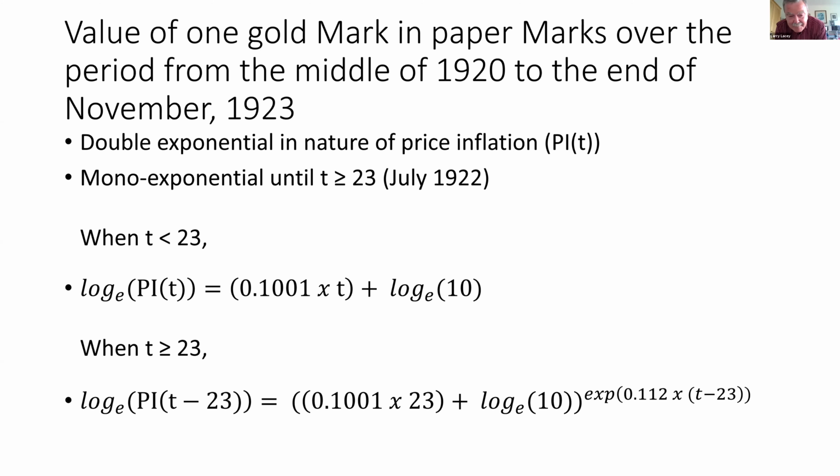That's what happens with hyperinflation. Things happen very, very quickly. Remember, we're talking about a matter of months, from July 1922 until November 1923. The situation went from under control to completely out of control.